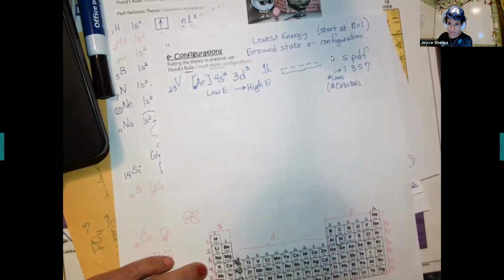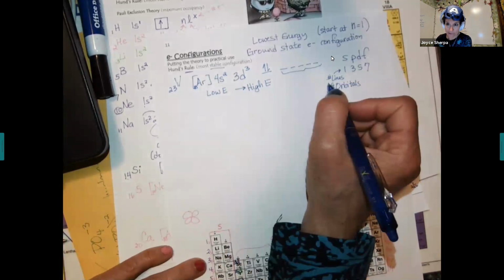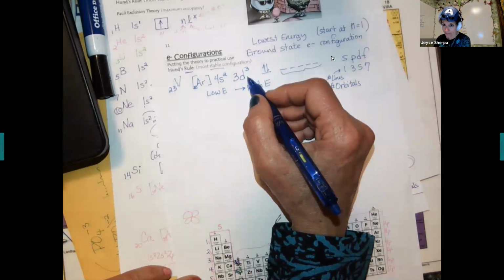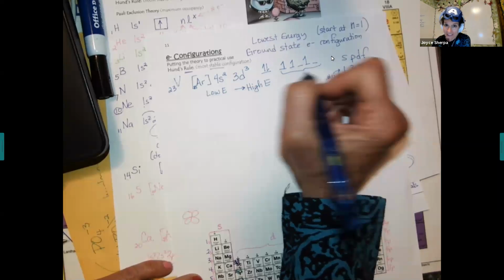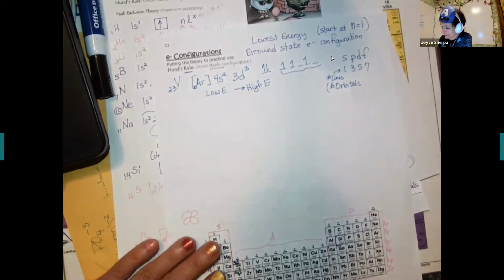Even if you have the right number of lines, you have to show those go together. So these 3 electrons cannot be paired up. They each go in a separate orbital. It doesn't matter which 3 orbitals you put them in, but they have to be in different orbitals, and they spin the same way. Again, it's a law of magnetism. Since they're negatively charged particles that are spinning, they have a magnetic moment.